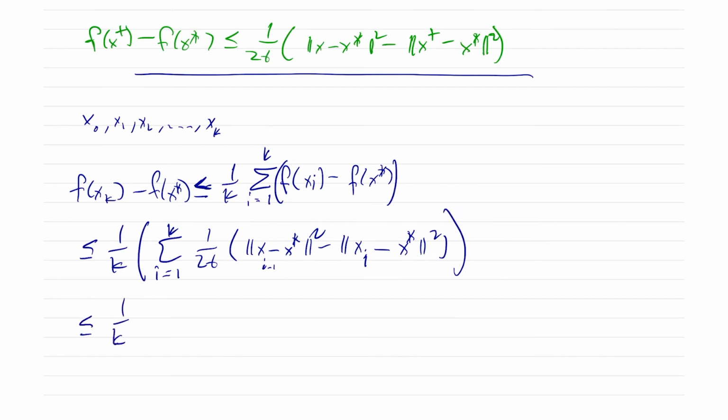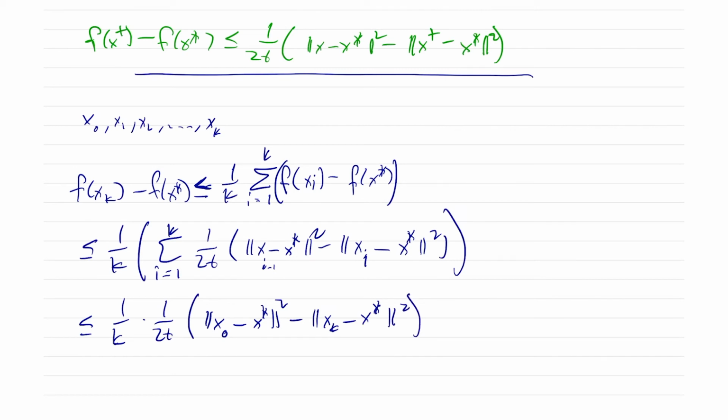So it's going to be 1 over k times 1 over 2t times x0 minus x star squared minus x_k minus x star squared.